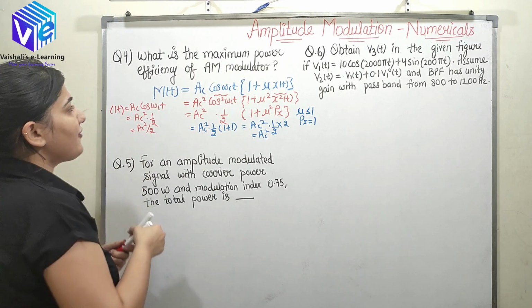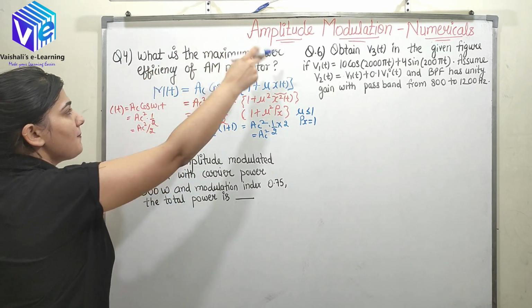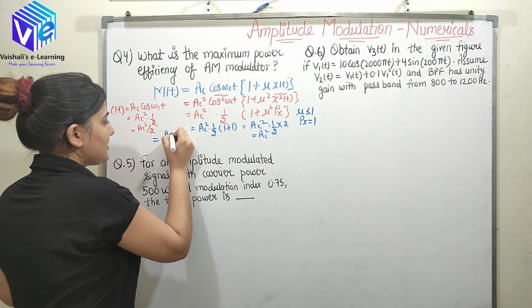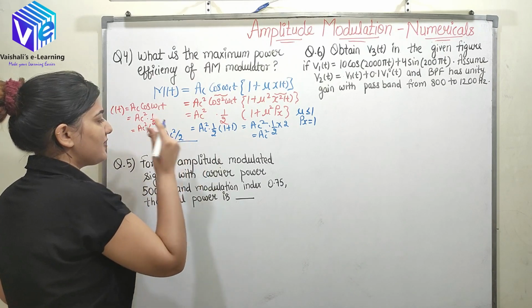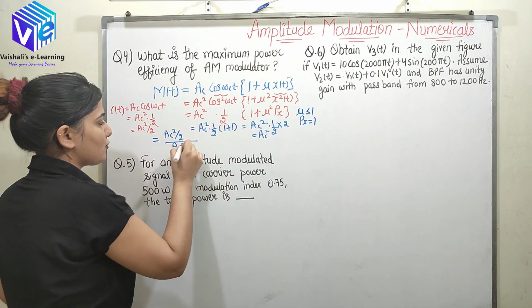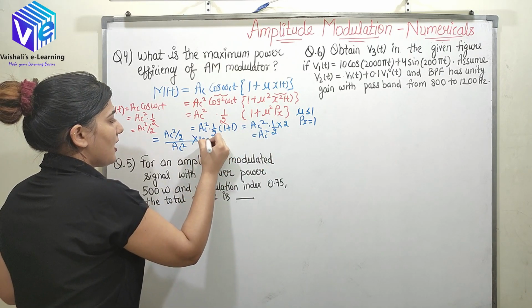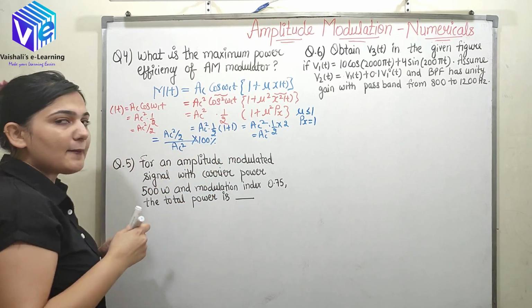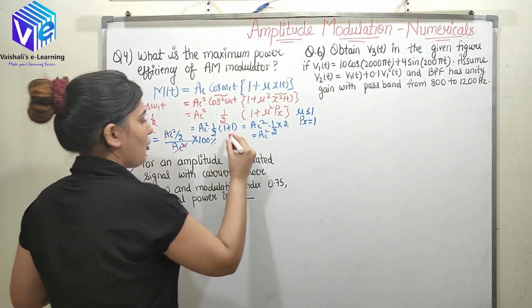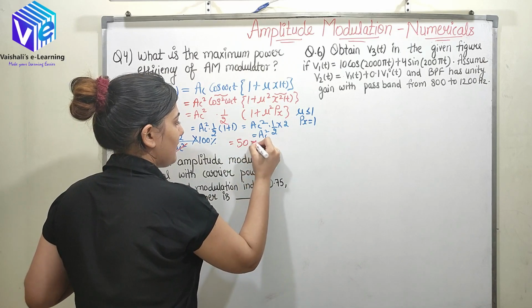So we need to find out the maximum power efficiency. Efficiency is given by Ac²/2, which is power before modulation, and the power after modulation is Ac², into 100. So I need to find out it in the percentage. So it will be 100 upon 2, which is 50%.